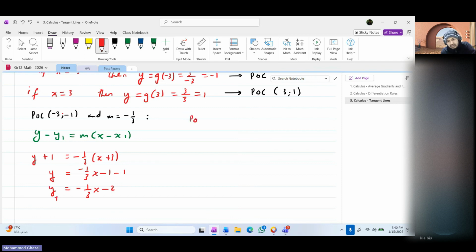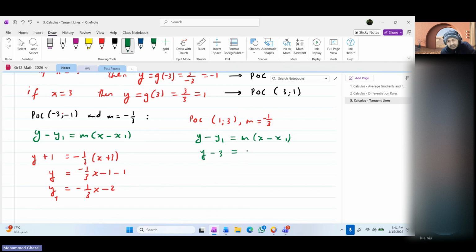For the other point of contact, with gradient still -1/3, what happens there? We have y minus y1 equals m into x minus x1. y minus 3 equals m.